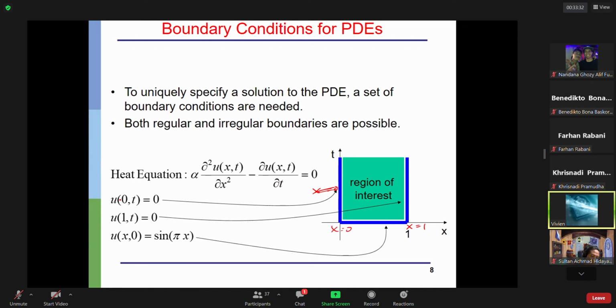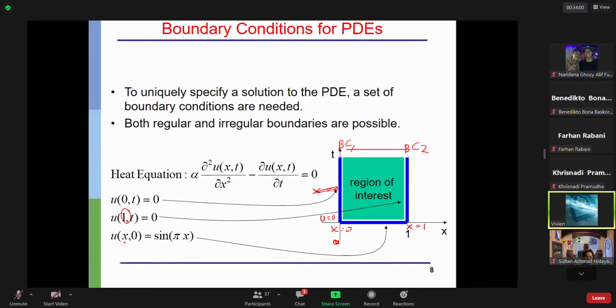Here we have the u value equal to 0 at this point, and this is for all time, so along this line. This is the first boundary condition. And we have here u equal to 0 at x equals 0 for all time. So this is the second boundary condition.